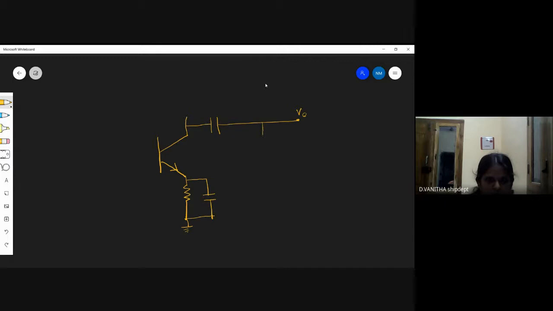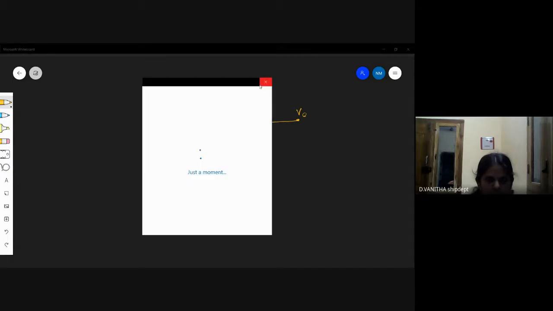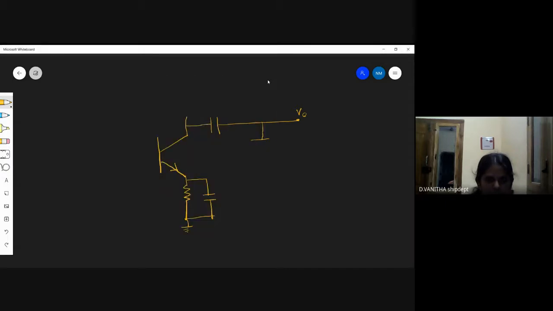From here, the tank circuit has to be drawn. This is the tank circuit. Here one inductance is introduced, and another inductance is here.